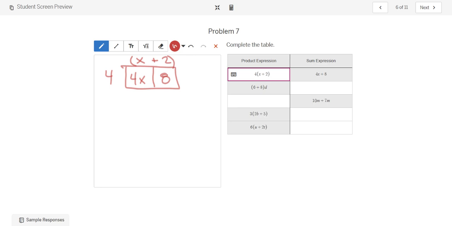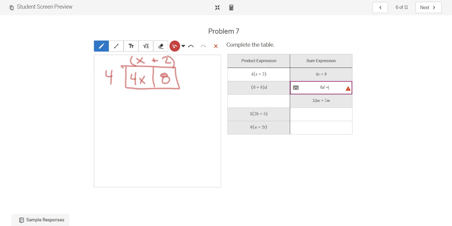I could have pulled out a 1. Here we've got 6 plus 8d. 6 plus 8 is 14, so I get 14d. But if you said that, oh, nope, it's saying that that's wrong. I've got to write it as a sum.